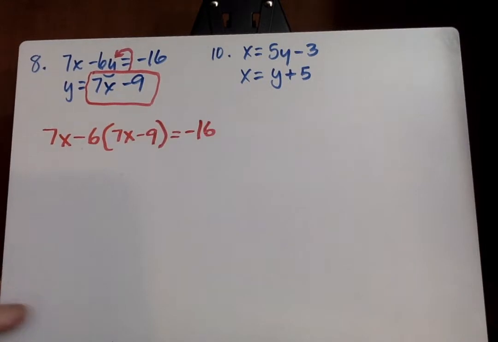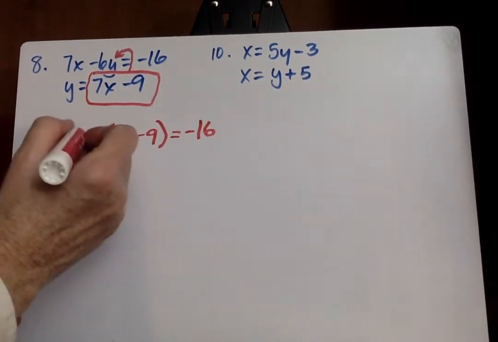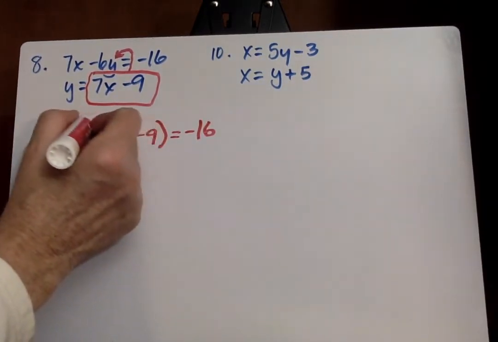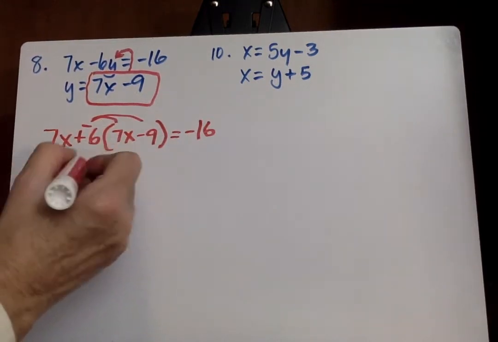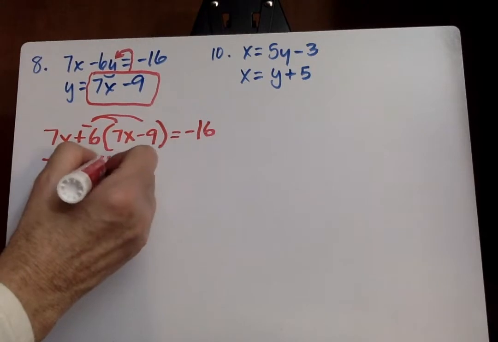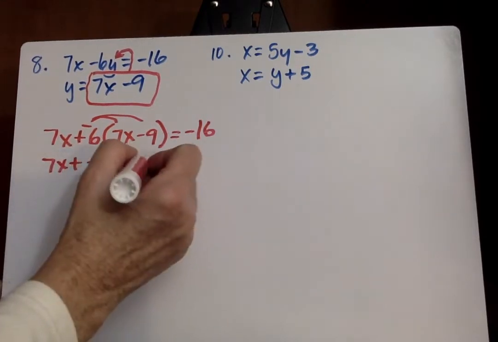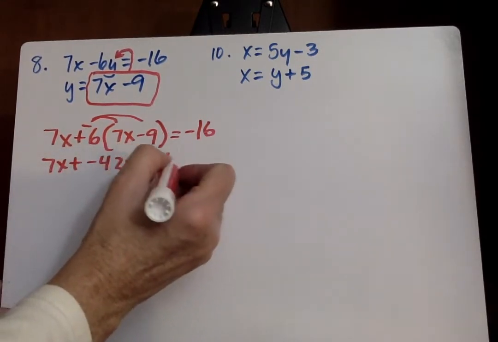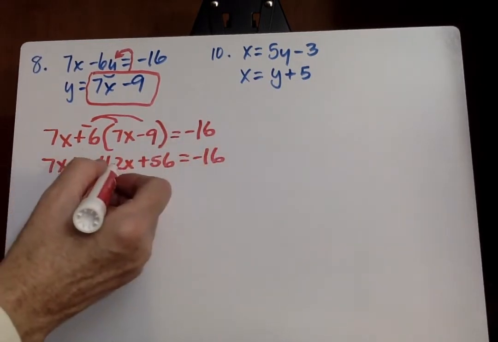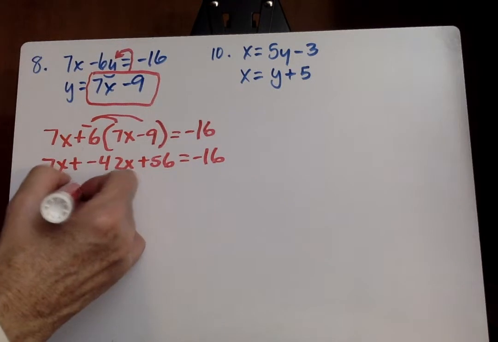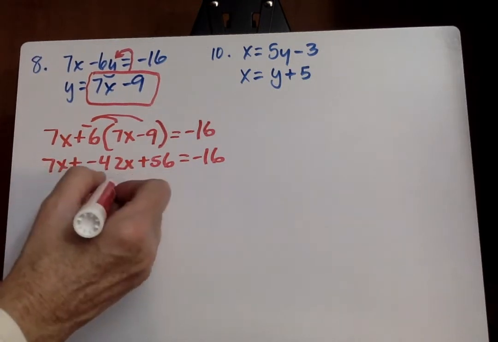Okay, I have to make sure I use the distributive property, and I say 7x plus negative 42x plus 56 equals negative 16. Now 7x plus negative 42x, I think, is negative 36x.